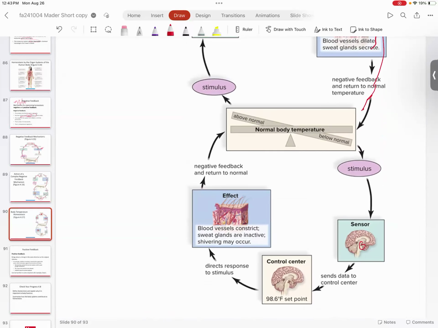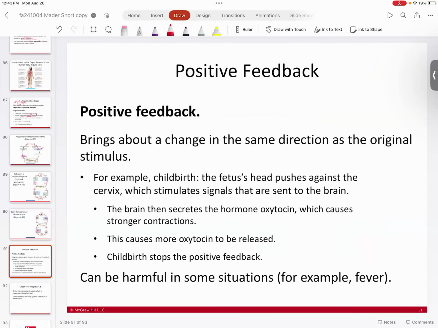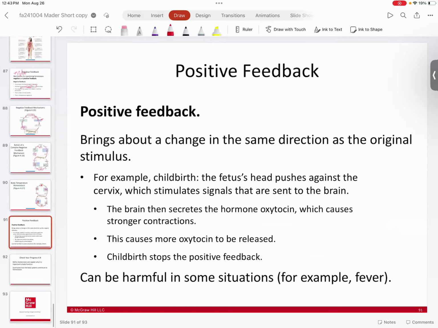That's your skeletal muscles contracting involuntarily so that you can generate body heat. That should bring your core body temperature back up to the homeostatic norm. So you can see how you have these thermostat-like homeostatic mechanisms to try to maintain homeostasis. So that's a good example of negative feedback.